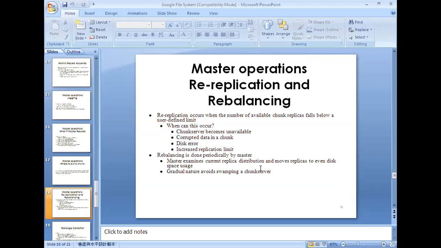And next, rebalancing is done periodically by the master, right? After creating the new replicas, you need to immediately rebalance the entire thing, because you need not maintain the information regarding the previous allocation. Previously, you had allocated to 5 systems. Out of 5, 3 of them are not working.